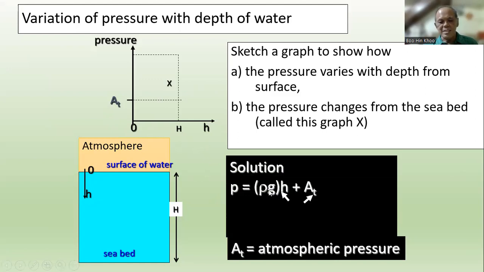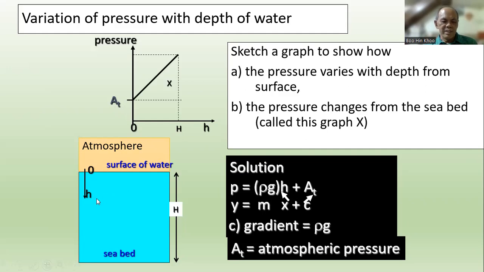We can see that this is constant. This is the y-intercept. So it's a straight line graph. Compare with the equation of a straight line: the gradient is rho g. We measure it from the surface downwards.